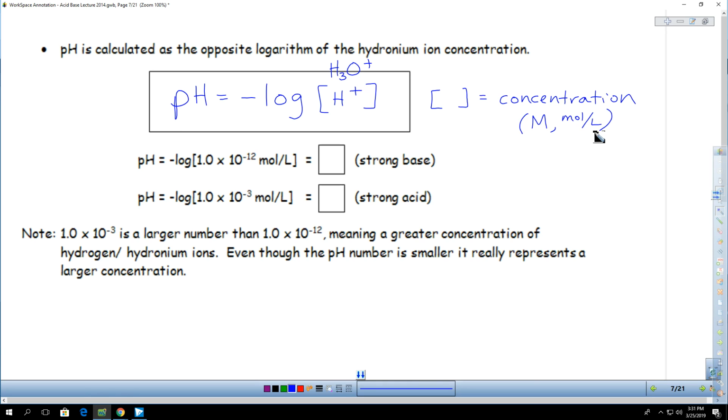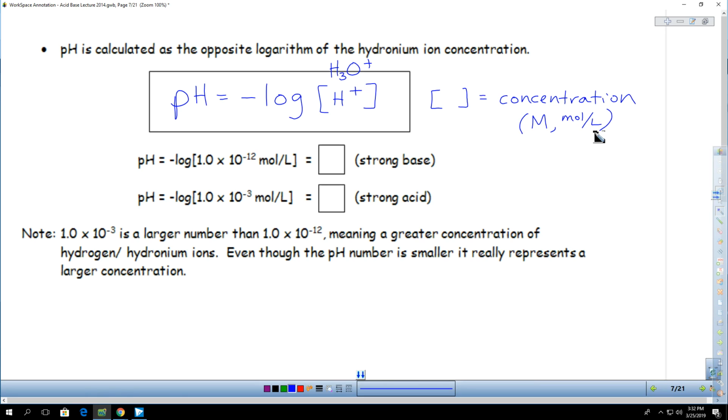Okay, math lesson. I don't know the last time that you did logs in math, but here's our nickel tour of the log, log base 10. We're not talking about natural logs or e to the whatever.